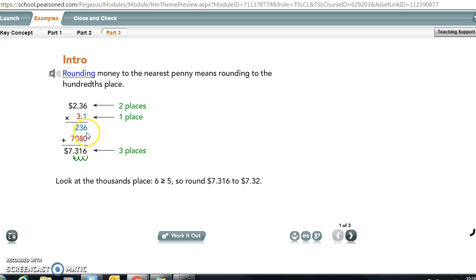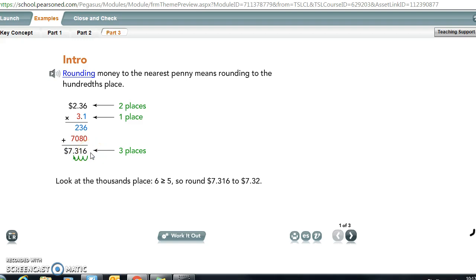Add a 0 as a placeholder. 3 times 6 is 18, carry my 1. 3 times 3 is 9, plus that 1 would be 10, carry my 1. 3 times 2 is 6, plus 1 is 7. So they add all this together, and $2.36 times $3.10 gives you $7.316.